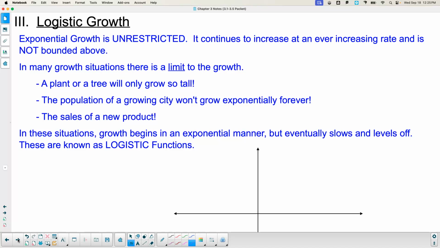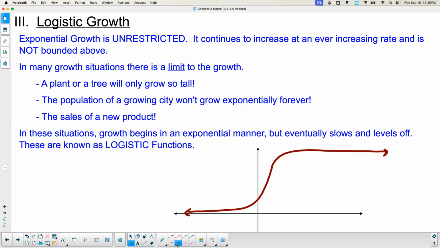A logistic function looks like an exponential function up to a point, and then it says, tap the brakes. It slows down, and it levels off, and it stays there.